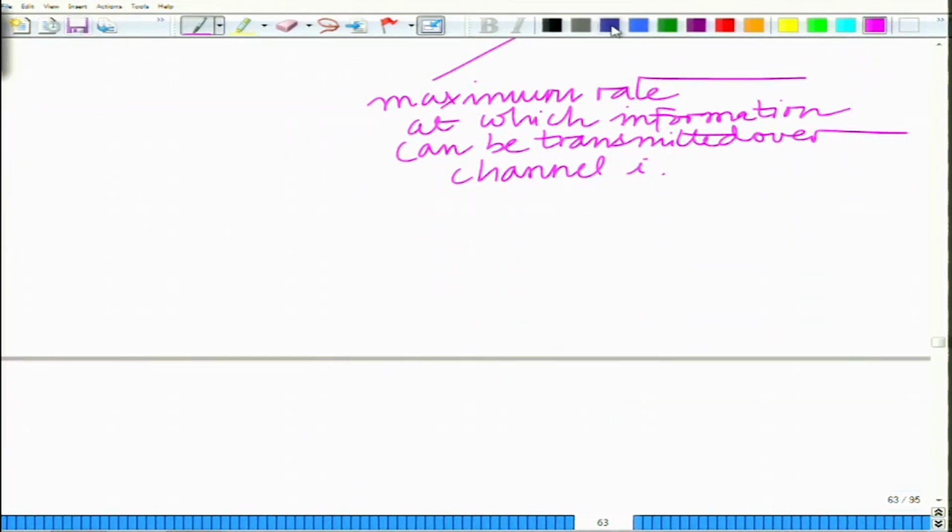And therefore, now what is the sum rate, the maximum sum rate of information transmitted across all these n parallel channels?